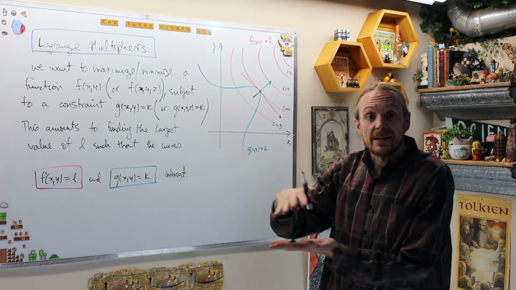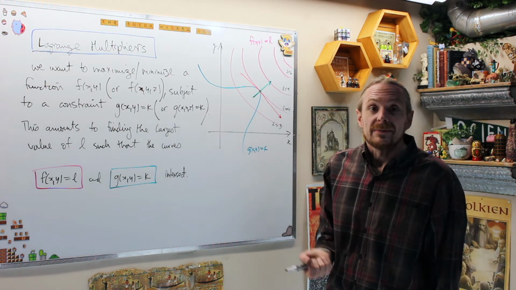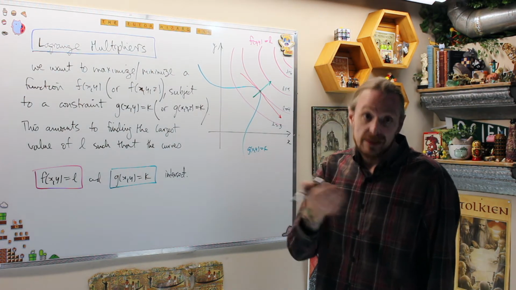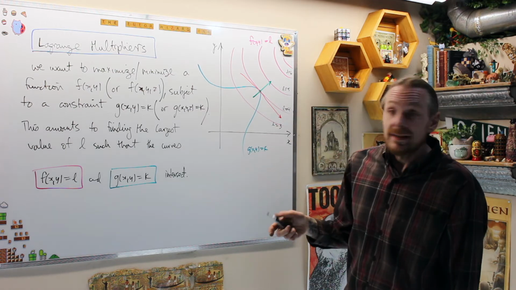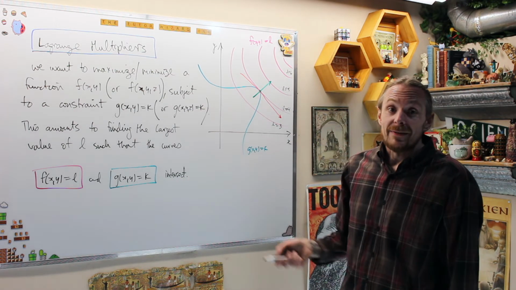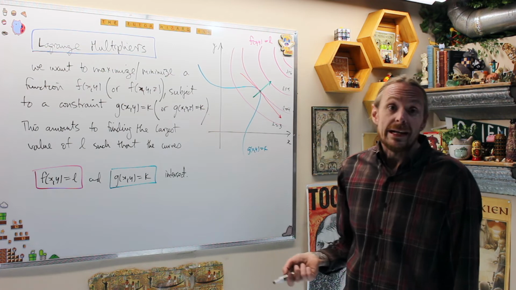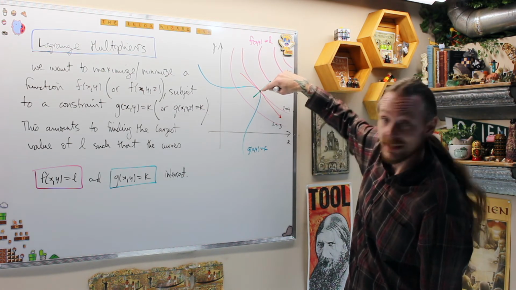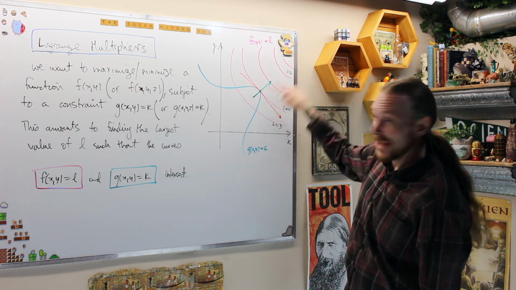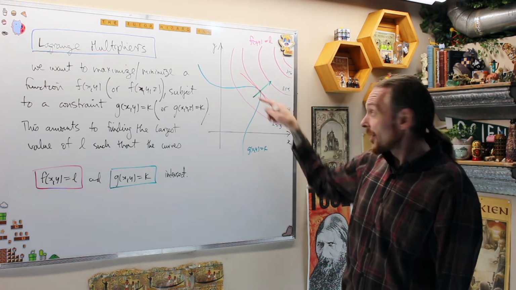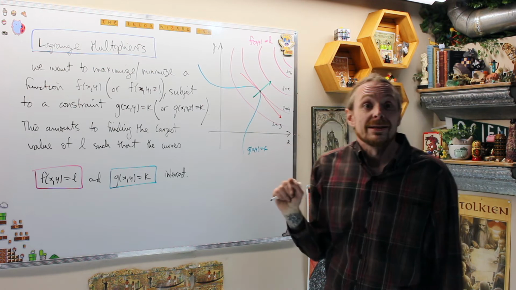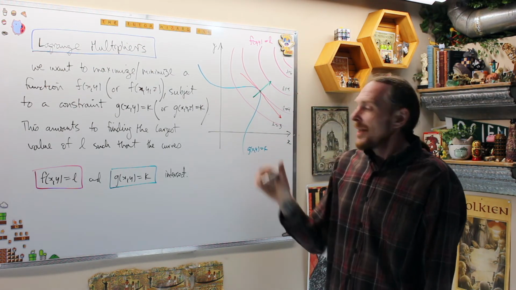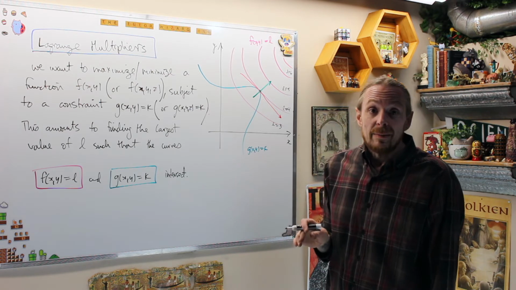From the previous remark on tangent planes and lines to level curves and surfaces, we get that the gradient of f is parallel to the gradient of g because they're sharing it. Because they're tangent, the normal line to this curve is the normal line to this curve, and so they're the same. Even though they may have different magnitudes, they're definitely going the same direction, and that means they're parallel.